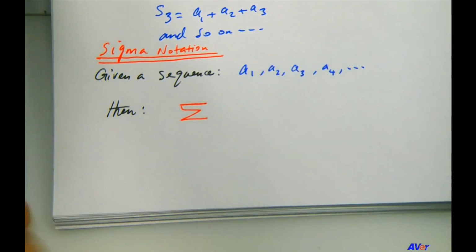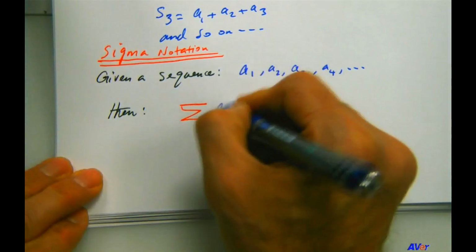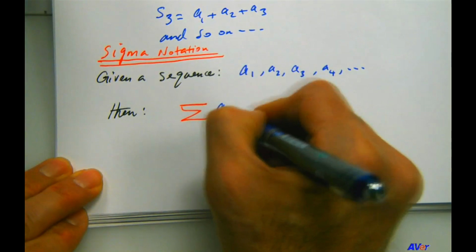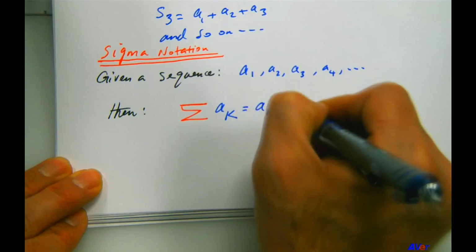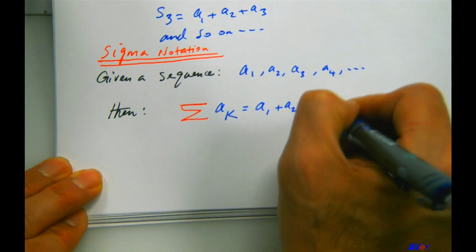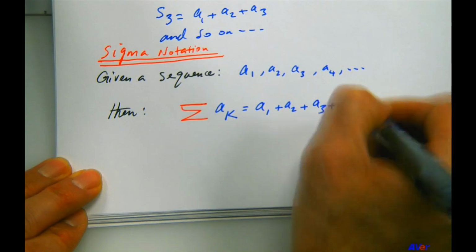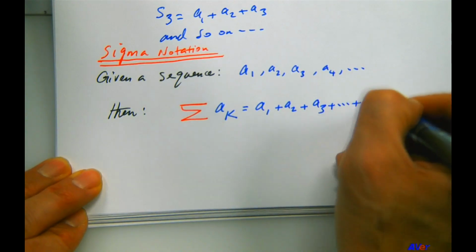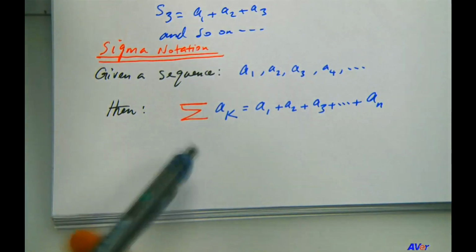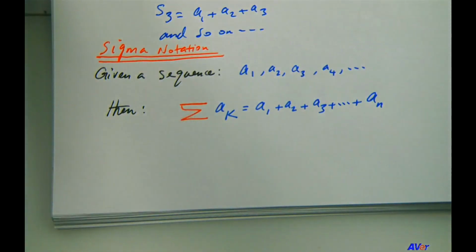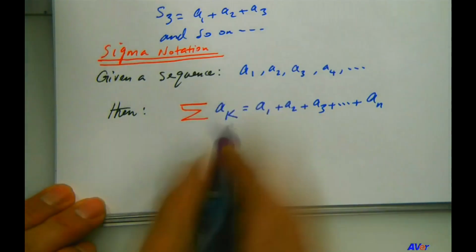Okay, so this is the letter sigma. It means sum. So let me call this AK, and then it is equal to A1 plus A2 plus A3 plus dot, dot, dot, plus, let's say, AN. And a very crucial thing attached to this sigma notation is the index.